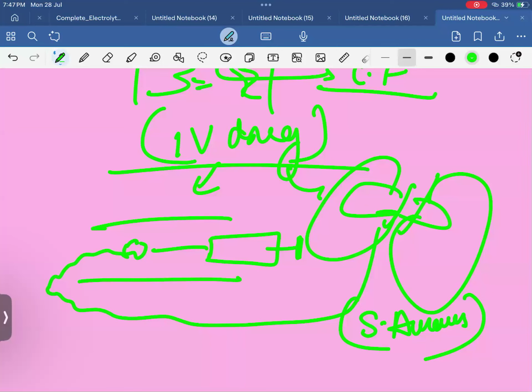Listen, I want to tell you one thing. Our body acts as a host for so many good bacteria and so many opportunistic bacteria. Our face has so much bacteria. Staphylococcus aureus is the normal bacteria present in the body, in your skin.